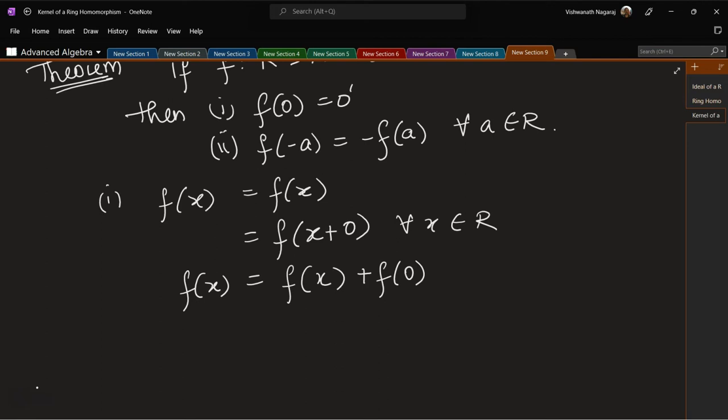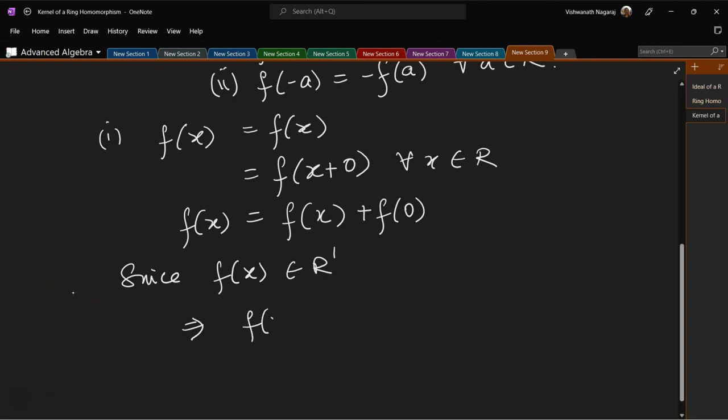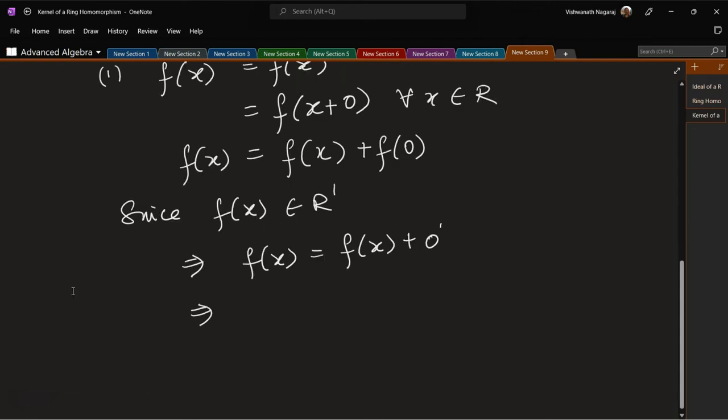Okay. Now, since f of x belongs to R prime, f of x is equal to f of x plus 0 prime, that is 0 of the R prime. Now we have f of x equal to f of x plus f of 0. So let's do the substitution.